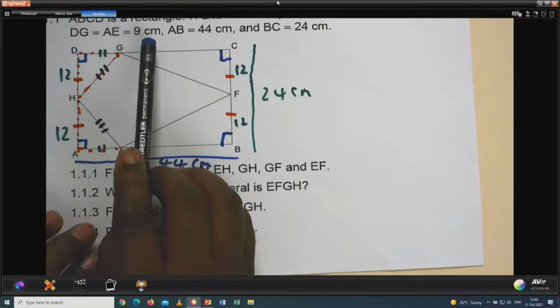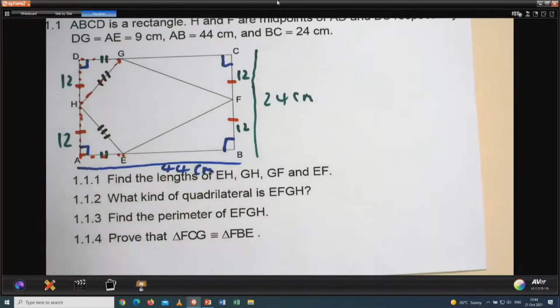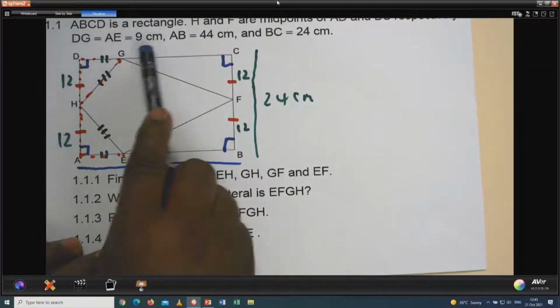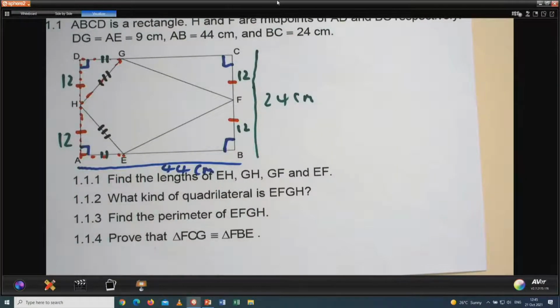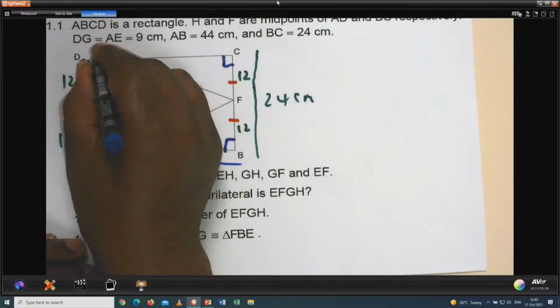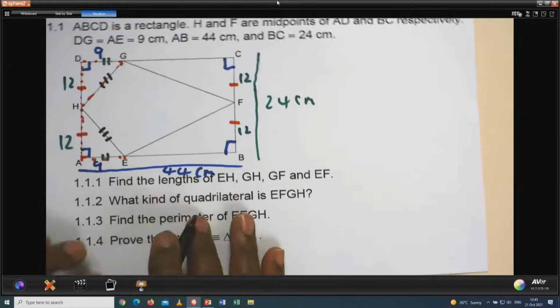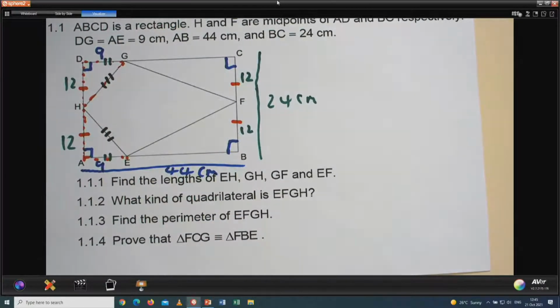You miss some information, you won't be able to do your banana bread. If you don't see the egg somewhere there, then you won't be able to do a banana bread because you need eggs. I missed this one. Genuinely missed it. That is why I was struggling. So DG is 9. Now it makes life better. So you see, it's important to read everything.